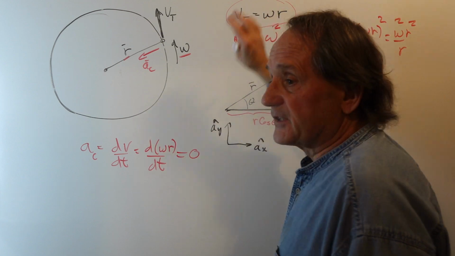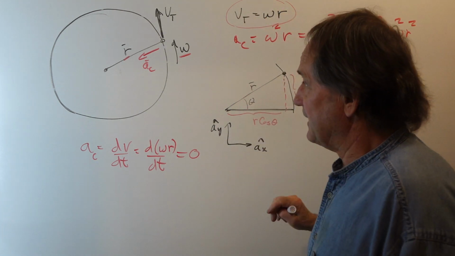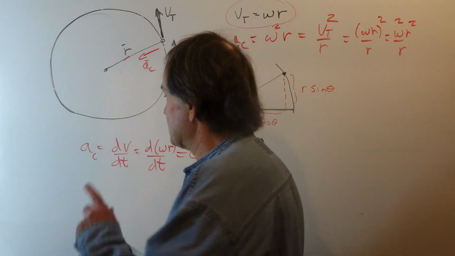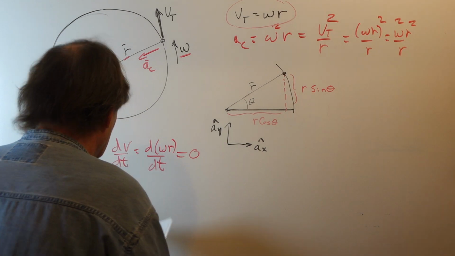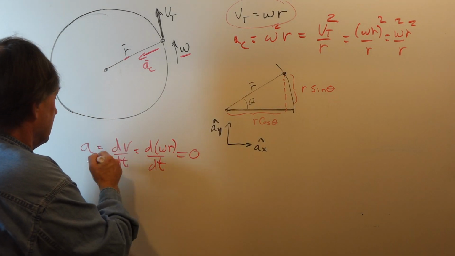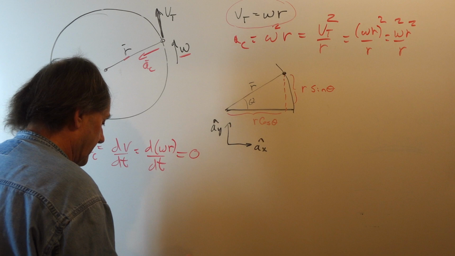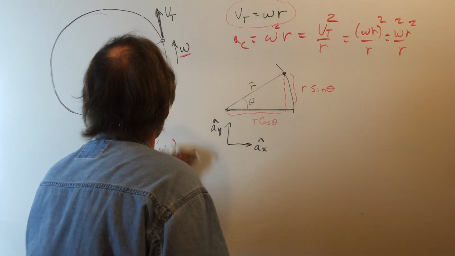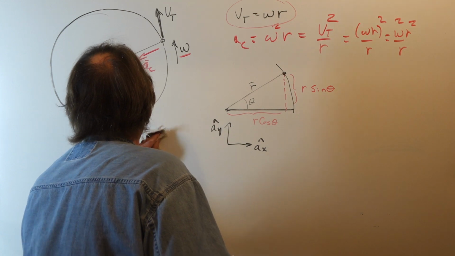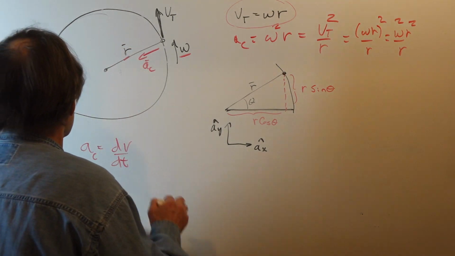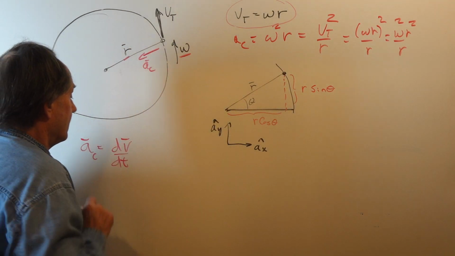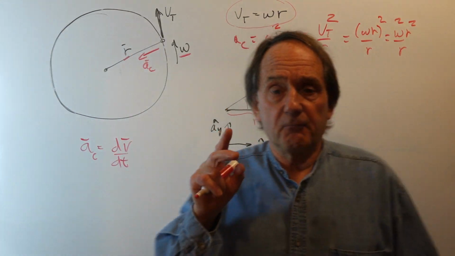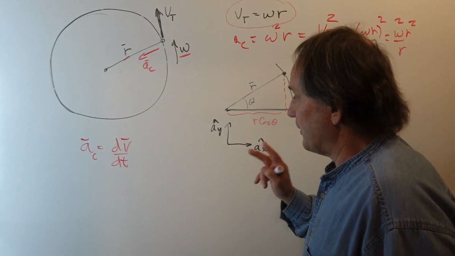These are what we call scalar equations. That's true for a scalar equation, but there's something else going on here. This is not equal to 0 if we keep in mind that velocity is not just a scalar quantity. It's a vector quantity, and so is acceleration. Velocities have both magnitude and direction.